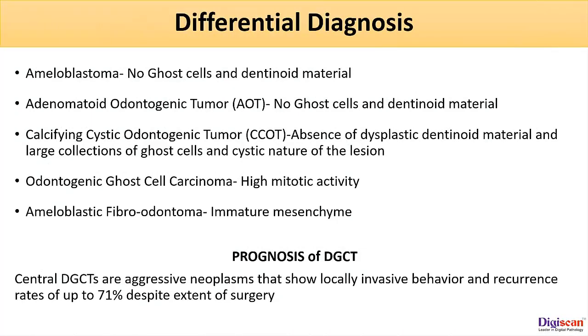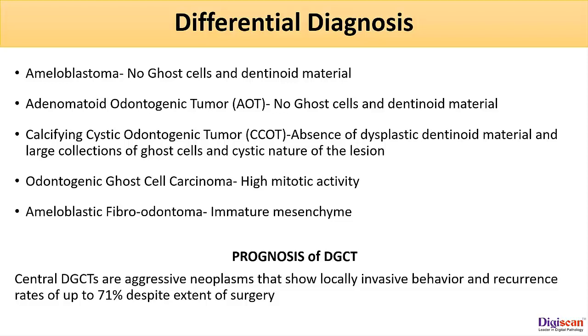Differential diagnosis. This is important. Morphologically, when we see dentinogenic ghost cell tumor, the following entities have to be kept in the differential diagnosis. Ameloblastoma: in ameloblastoma, we generally do not see ghost cells and dentinoid material, though some workers have reported the presence of few ghost cells in ameloblastomas also.